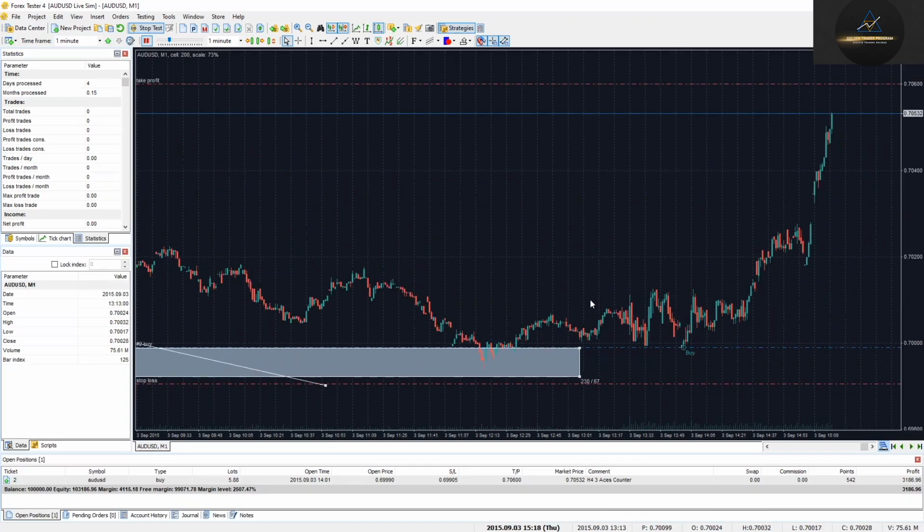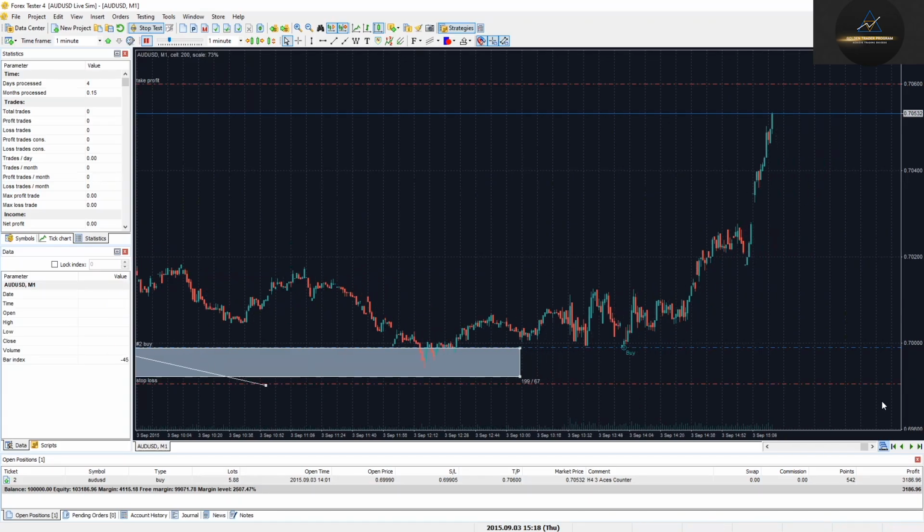So just bear this in mind when you're simulating, you want to control how fast it goes, and you want to control every candle as well so that you don't miss a move. Like we missed a move here.